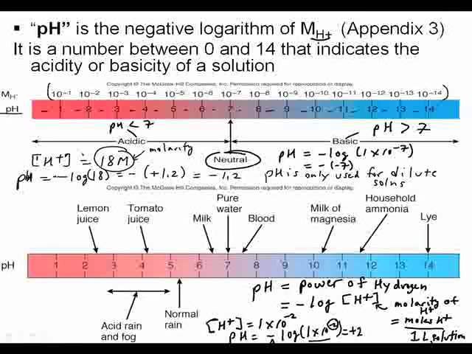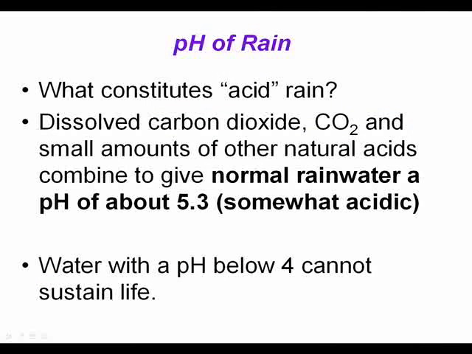Okay. What is the pH of acid rain? Well, dissolved carbon dioxide and small amounts of other natural acids combine to give normal rainwater a pH of about 5.3. Acid rain has a pH less than that by definition.